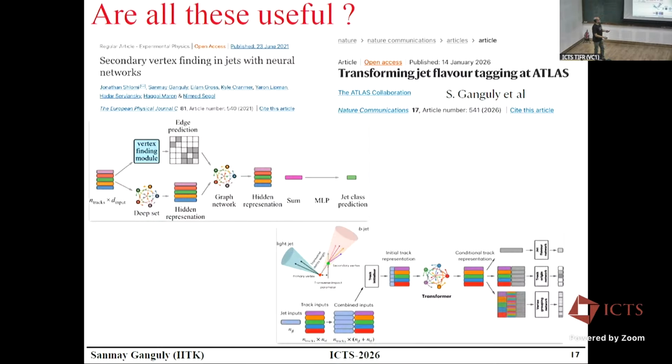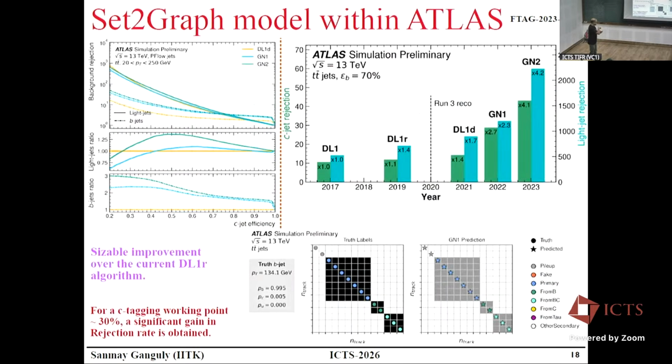And this is heavily used. Now the fun question is, what are the actual practical physics implications of such classes of network? We construct neural networks, we train them, and so on. Are they at all useful? Identifying heavy flavored jets and distinguishing them from jets coming from light parton fragmentation is important, but how efficient they are and what the physics utility is, that's something we will see.